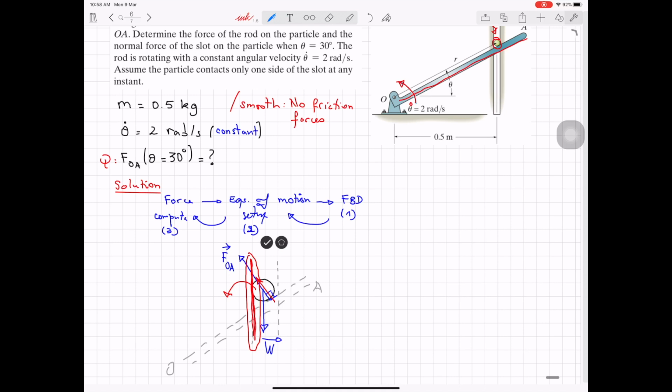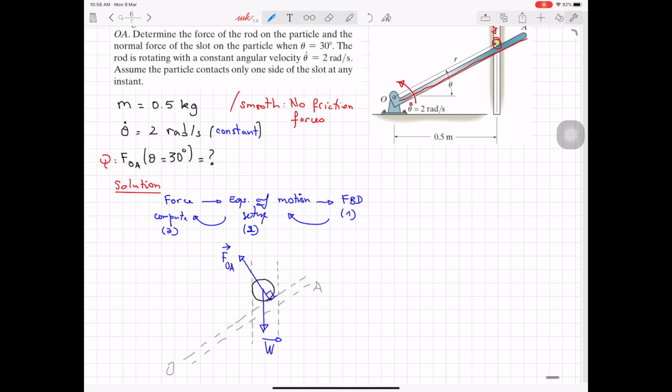Since it is important, I'm going also to remove it from the environment, and I have to represent its action using a force. So in this case, we will have a reaction force due to this support, an action that is applied on the mass.